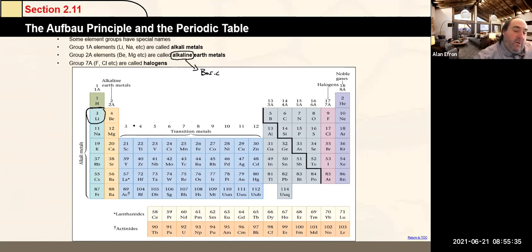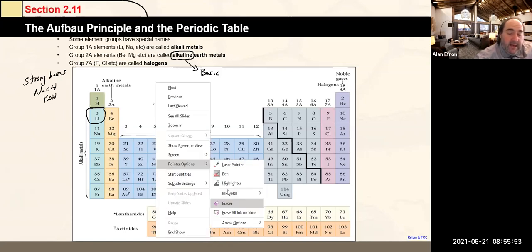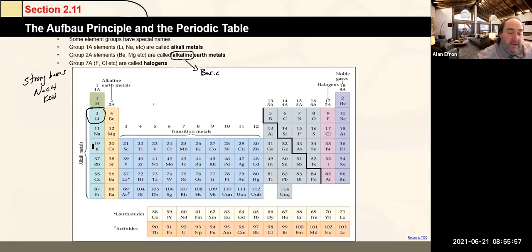When we look at the alkali metals and the alkaline earth metals, and you think about strong bases, for example, sodium hydroxide, potassium hydroxide, most of the strong bases that we encounter actually do come from group one and group two, kind of heading down in that direction.